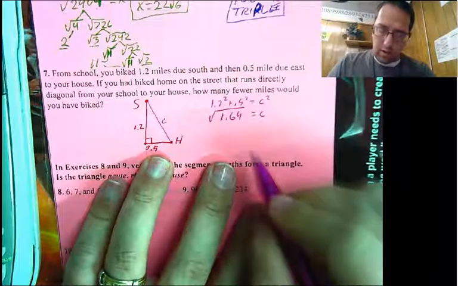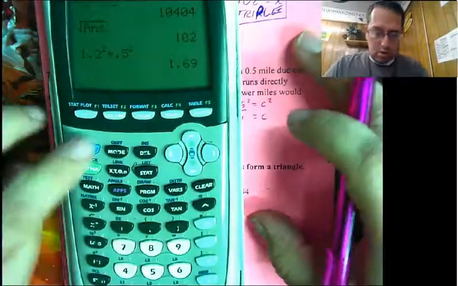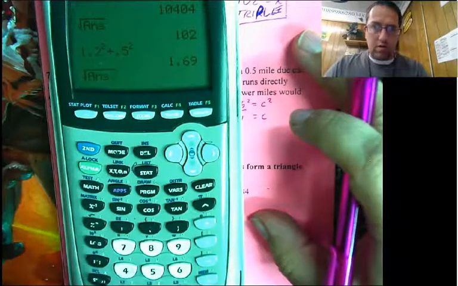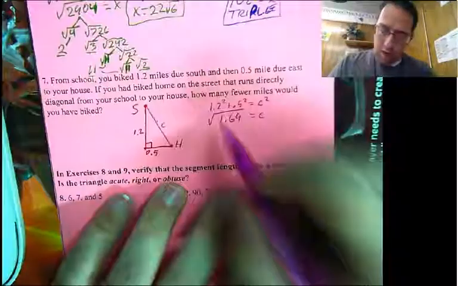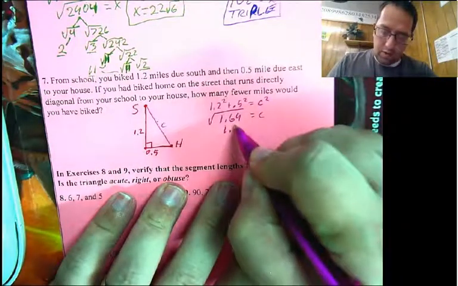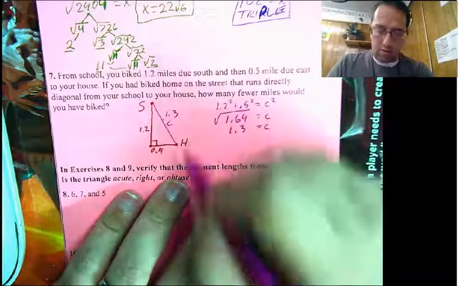And hopefully that will come out nice and neat. Always fun when you're square rooting decimals. So the square root of my answer, 1.3. That's not bad. All right. So 1.3 equals C. So this is 1.3 miles right there.